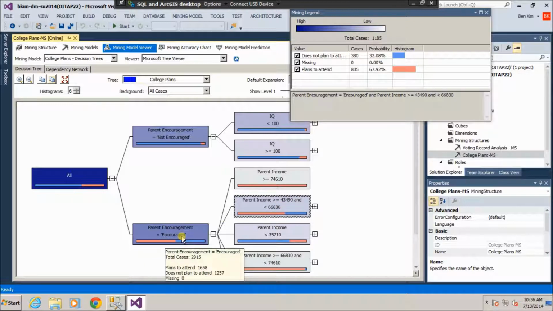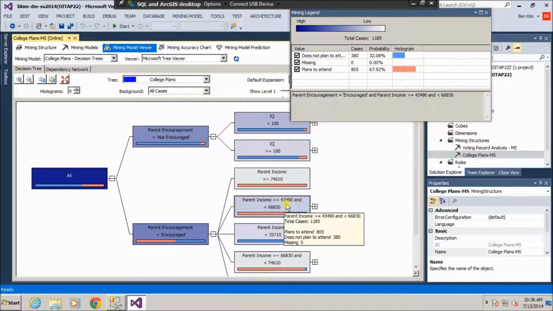Parents encourage the student to attend college and their income level is somewhere between 43K and 66K, and then about 32% not going to college, and 68% planning to attend college. Again, you can create another rule saying if parent encouragement is there and the income level is somewhere between 43K and 66K, then about 68% of people are planning to go to college.